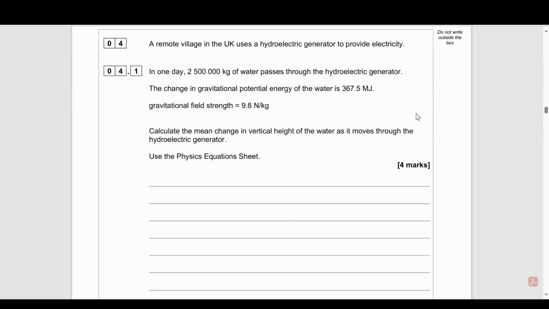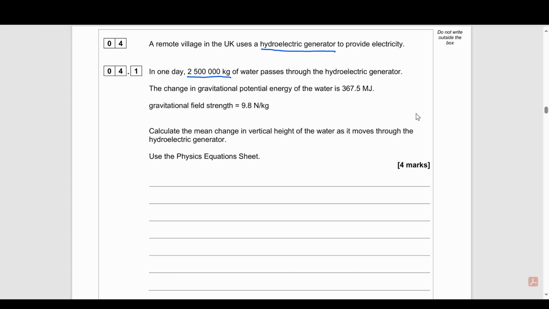Question 4. A remote village in the UK uses a hydroelectric generator to provide electricity. In one day, 2.5 million kilograms of water passes through the hydroelectric generator.